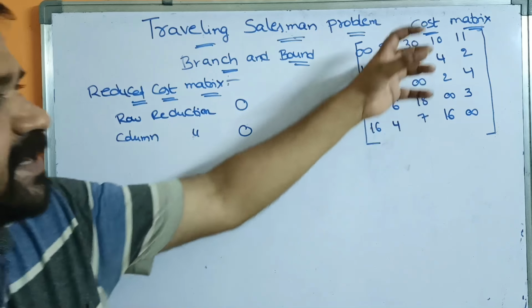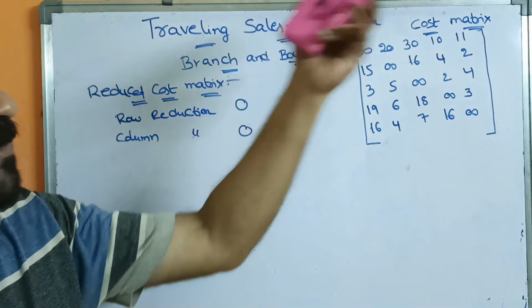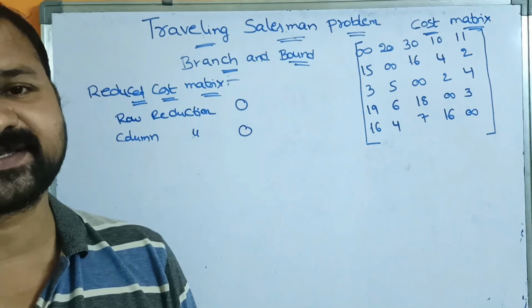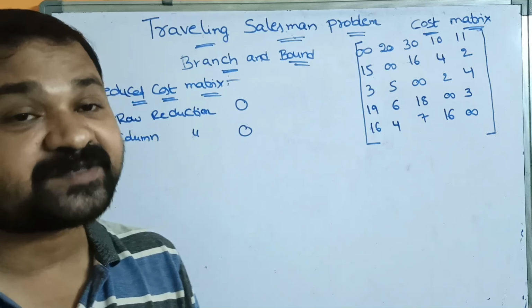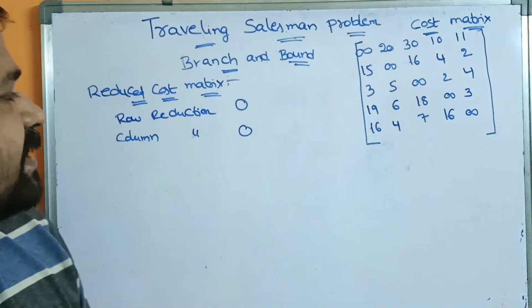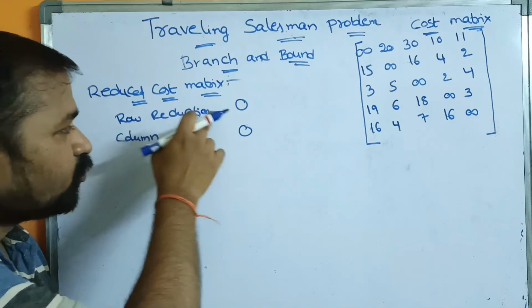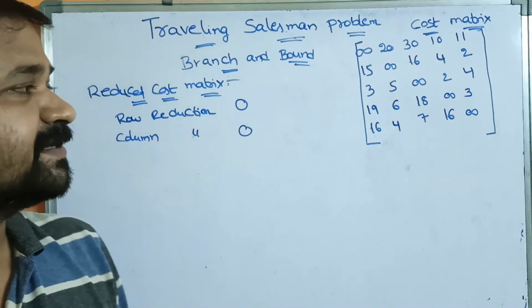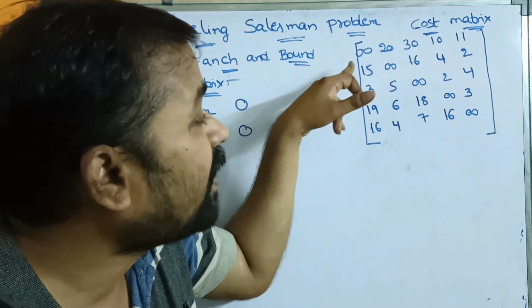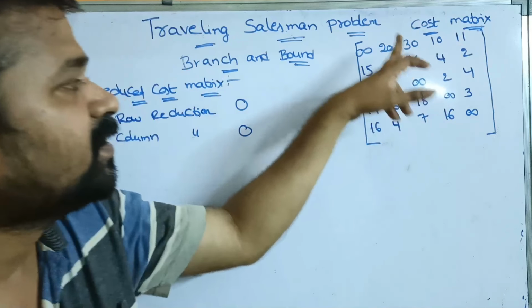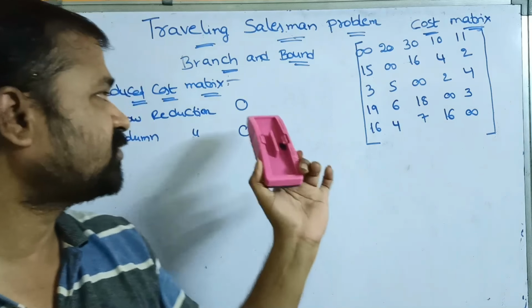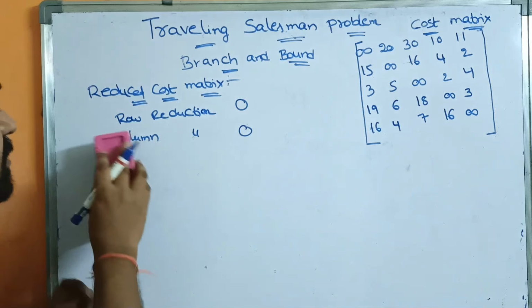So reduced cost matrix means the matrix will be in row reduction form as well as column reduction form. That means at least one entry in each row as well as each column should be 0. Okay, so that is nothing but the reduced cost matrix.